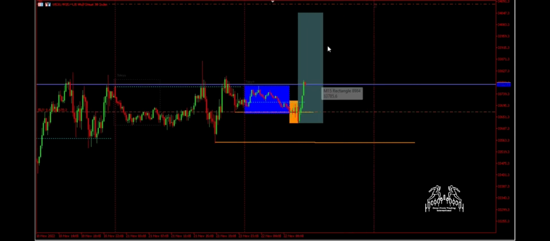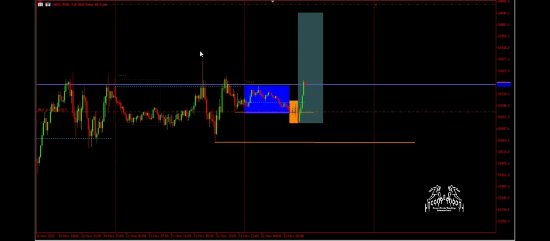Also, the New York session can mark a minor reversal. For example, yesterday I took a trade here, and then I held and scaled out minor profit here. And during the New York session, look what happened. It went back to take out everyone who was long here, and it rallied up and distributed.